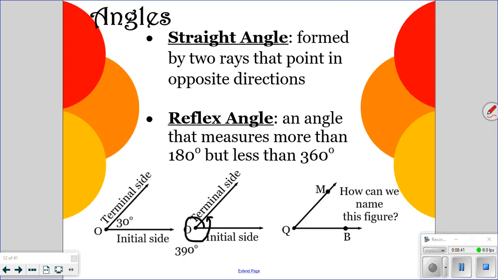A straight angle, you should be familiar with a straight angle. It's formed by 2 rays that go in opposite directions, and it's just 180 degrees. So there's one ray, and there's the other, and together they make a line, a straight angle, that's 180 degrees. And then a reflex angle you may or may not be familiar with.